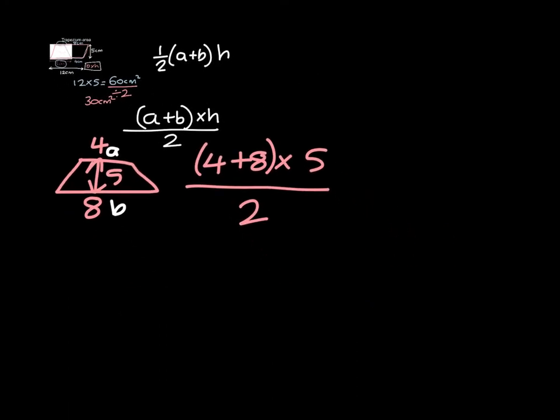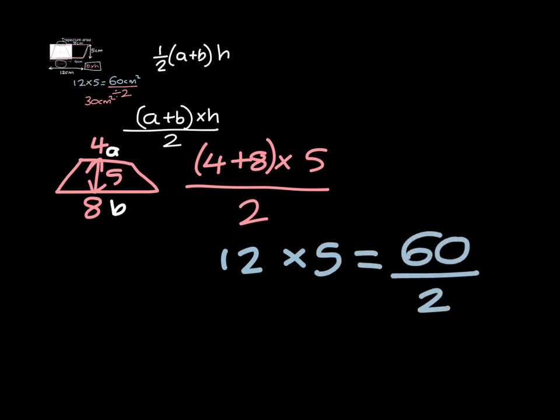If you finish off that calculation, you've got the 4 and the 8 making the 12, you times that by 5 to get the 60, and then you're halving that 60 to get the 30. It's the same answer, again centimetres squared, and that's just the formula version.